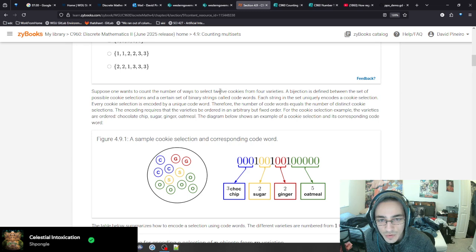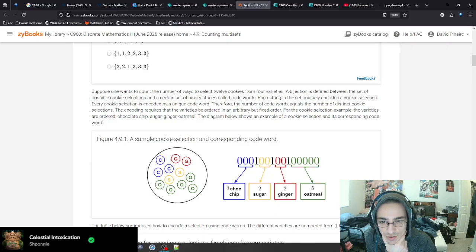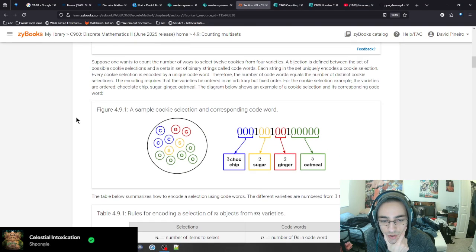Okay. 12 cookies for 4 varieties. So how do you generate this certain set of binary strings? Oh, that's pretty easy.